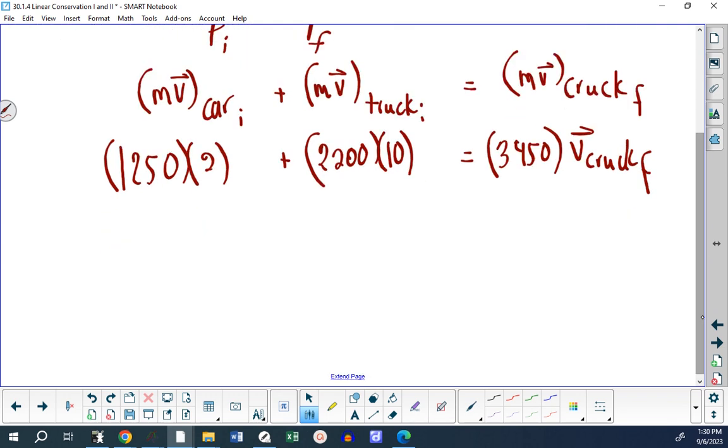What do we got here? That's 2,500. Holy smokes, and that's 22,000. Does this add up to 27,500 on the left? Many of you might not even have done it that way. No, it doesn't. 24,500, yeah.